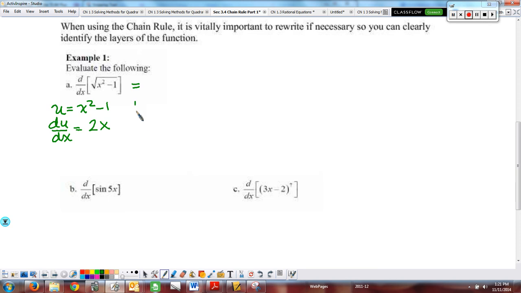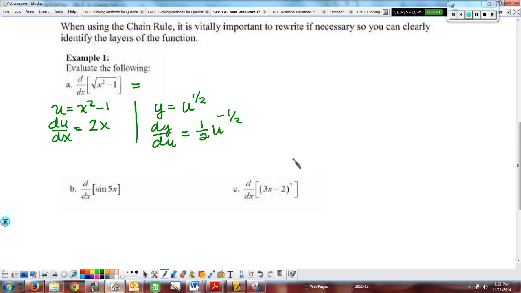So I do the inside function, and then I find the outside function, y equals u to the 1/2, and then I find dy/du. And dy/du would be 1/2 u to the negative 1/2. See, nice, easy little derivatives.